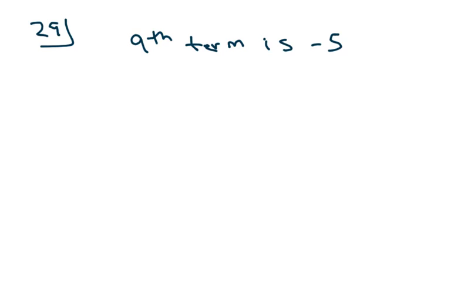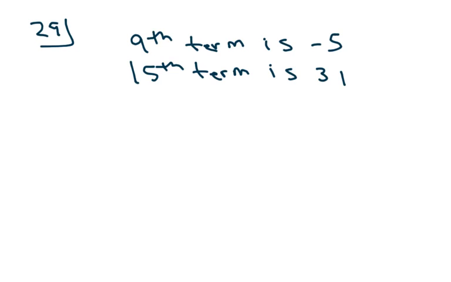Let's do 29. And there's an example in the book on this as well, if you want to look at it. The ninth term is negative 5. And the 15th term is 31. So the way we're going to set this up is write it as a system of linear equations.